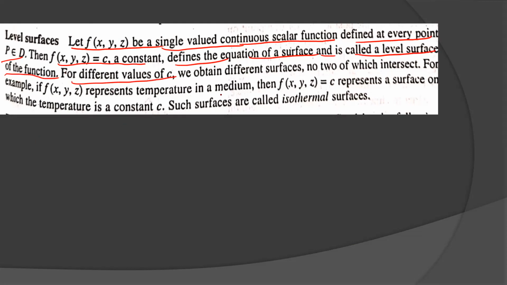For different values of c, we obtain different surfaces, no two of which intersect. This is a very, very important point. No two level surfaces intersect. Very famous question for the GATE exam.